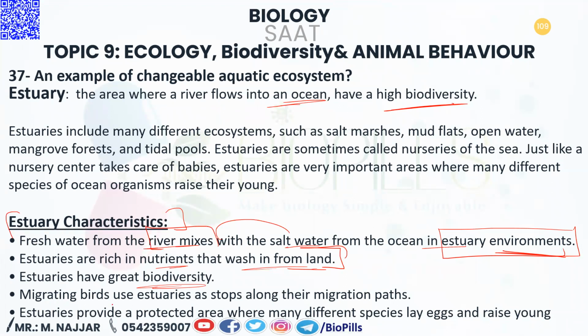Migrating species use them as stops along their migration path. They can stay there, they can lay their eggs, they can raise their young. Estuaries are a safe refuge, if we can say, for them. Estuaries provide a protected area where many different species lay their eggs and raise their young.